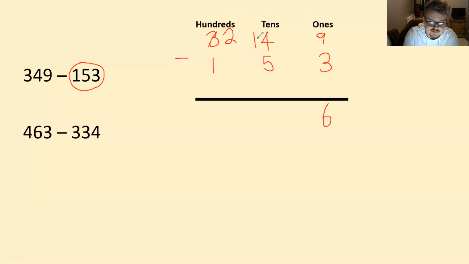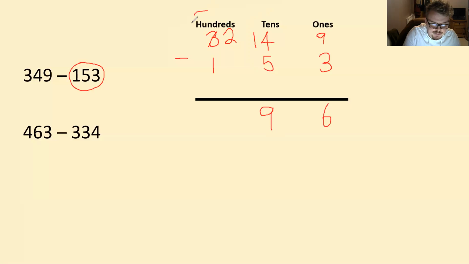So now my question is 14 subtract 5, and that's a lot easier to do because we can take 5 away from 14, can't we? So 14 in my head, 13, 12, 11, 10, 9. The answer is 9. So I put 9 underneath.